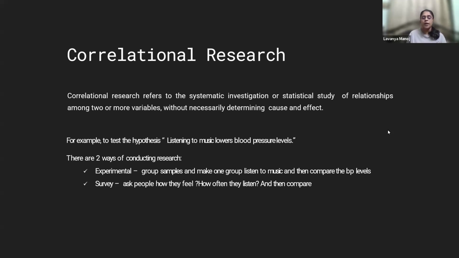Experimental, that is, group samples and make one group listen to music and then compare the BP levels. So you're going to segregate the whole group into two. So divide them equally. For example, you're taking a sample of 100 patients with high BP levels. So 50 are going to listen to music on a daily basis for some time.